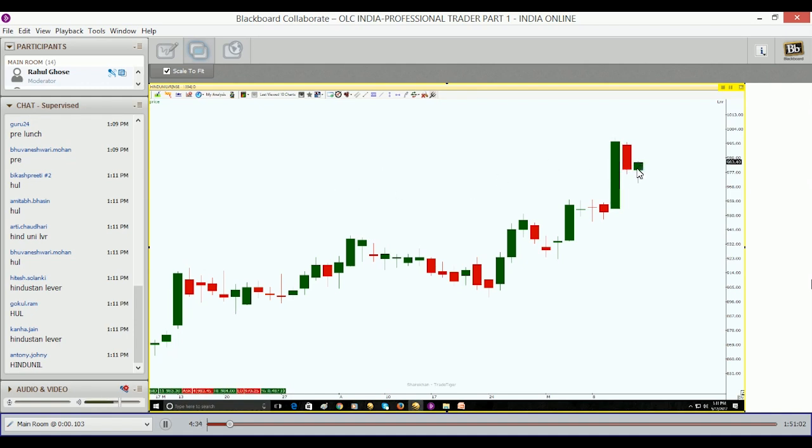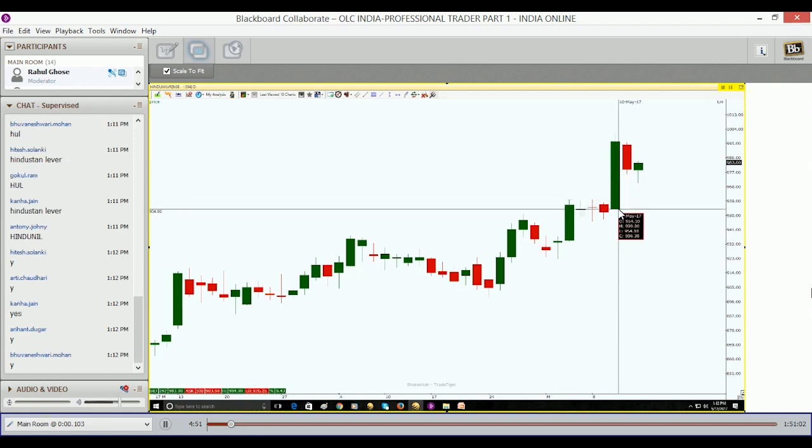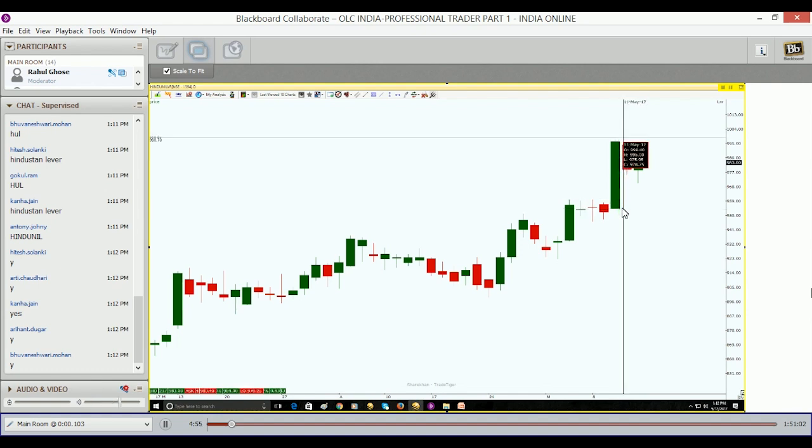If my current market price is 903.40, and I look left and down, can you see an explosive move over here? Yes, absolutely, you have an explosive move in price. Quick question to all of you: this move in Hindustan Unilever from 954 to 1000, who do you think can make this candle?